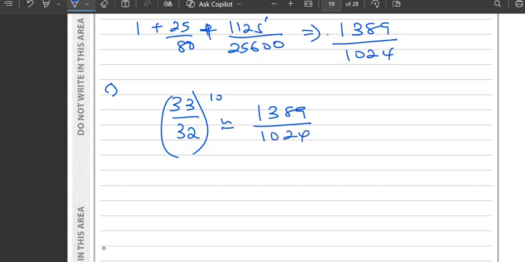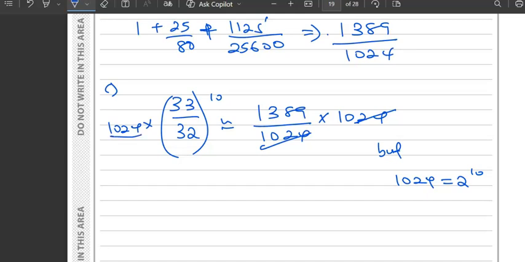At this point, first we can get rid of 1024 by multiplying both sides by 1024, so this and this cancel. But remember, 1024 as a base of 2 is just the same as 2 power 10. So in place of writing 1024, we can replace it with 2 power 10.